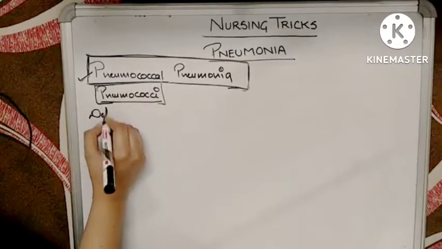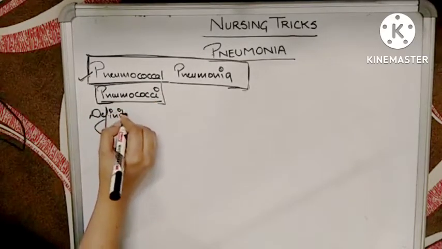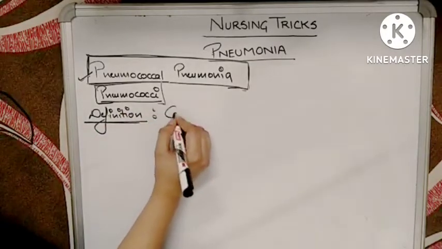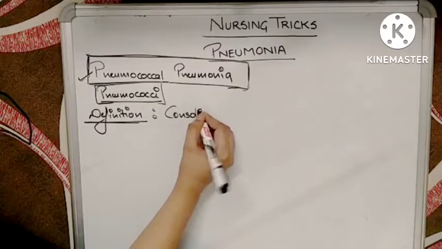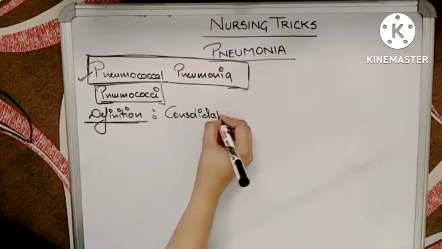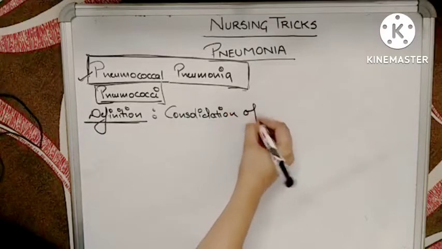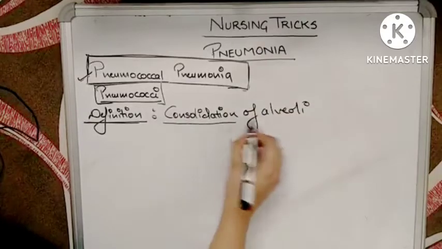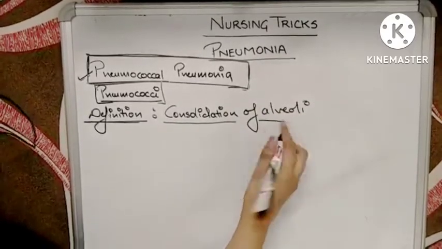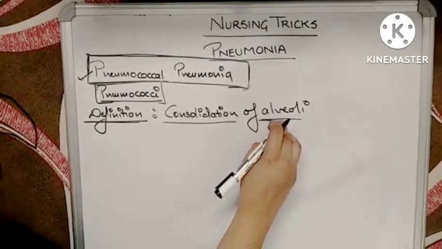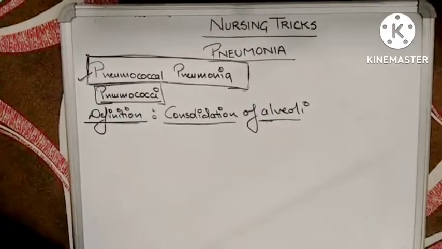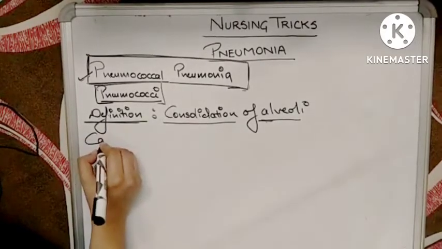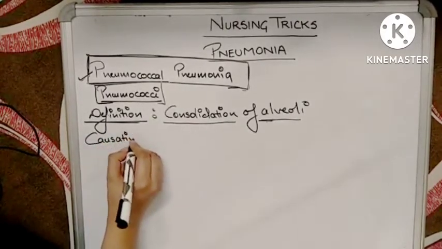Now if I have to write the definition of pneumonia, I will write that it is the consolidation of the lung parenchyma, consolidation of alveoli or the lung parenchyma, or there is infiltration in the interstitial cells. Then I will write that pneumococcal pneumonia is caused by Streptococcus pneumoniae.